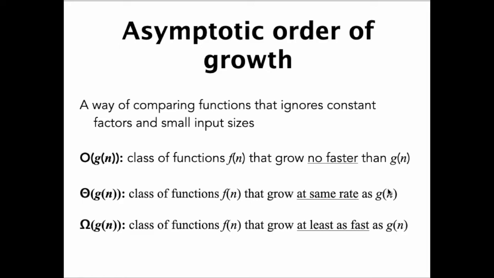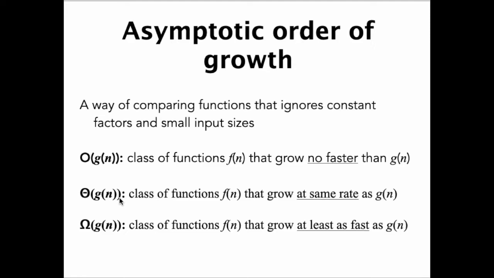So to aid in our understanding, we can actually define these three notations as a class of functions. So it's in O of g of n if your function grows no faster than g of n.